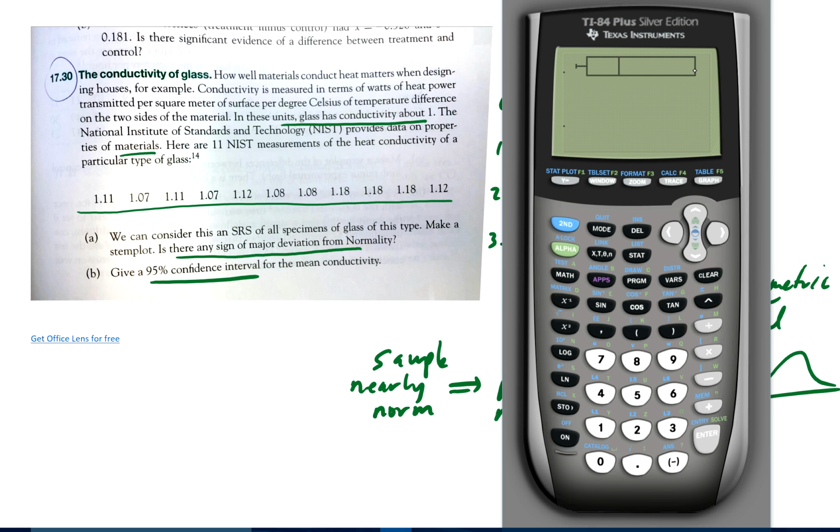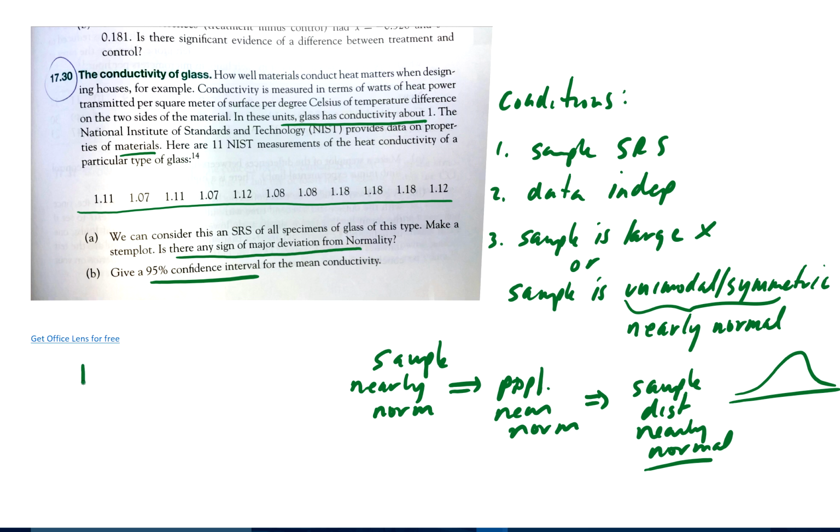I don't have a big long tail on one side where it's really skewed. It's just a little bit off. So that's relatively close. And with 11 pieces of data, that's close enough.